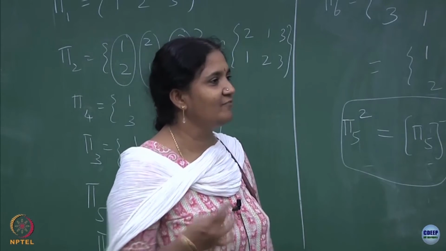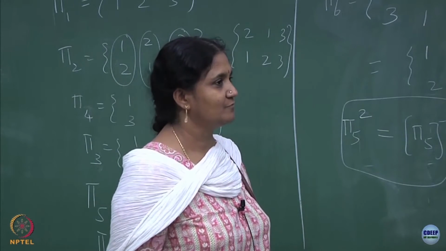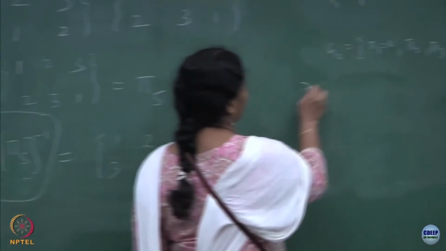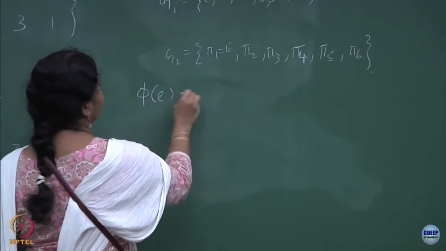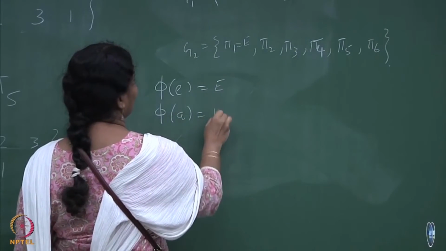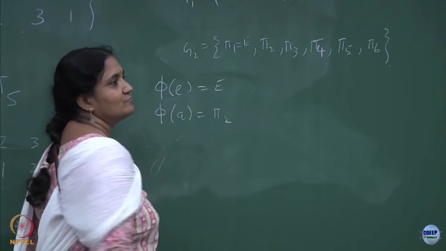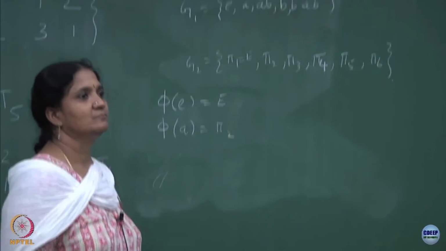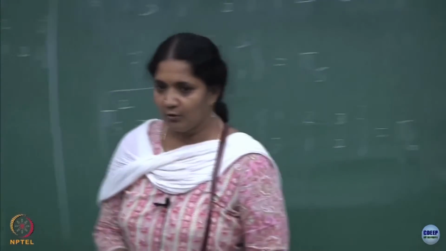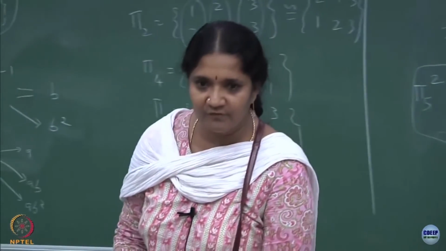I am just clarifying how to see isomorphism. Okay. So, the phi map will be such that phi of E is E, phi of probably A is pi 2 and so on. So, figure this out. Okay. So, that is isomorphism.